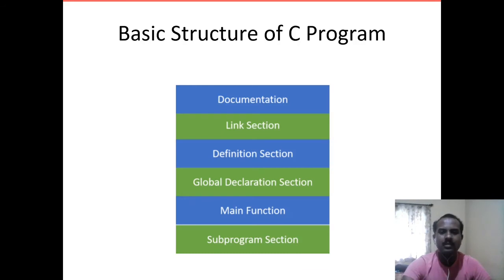Okay. Then let us come to the basic structure of a C program. The basic structure of the C program can be divided into documentation section, link section, definition section, global declaration section, main section, and subprogram or subfunction section.